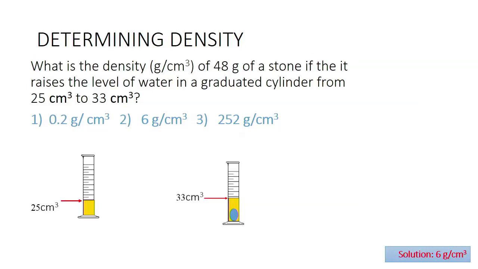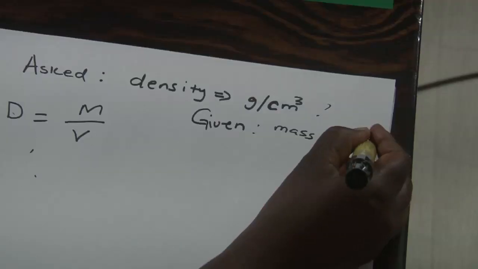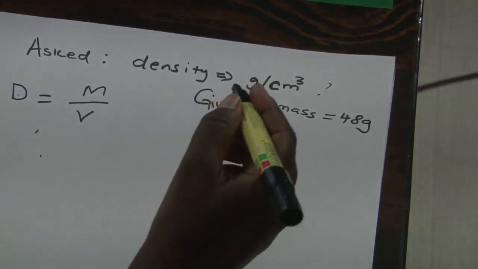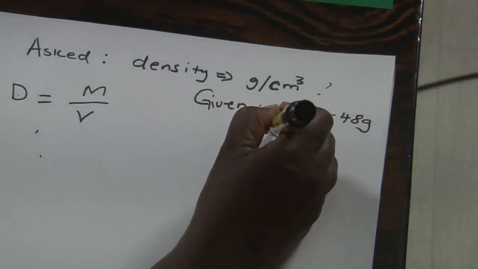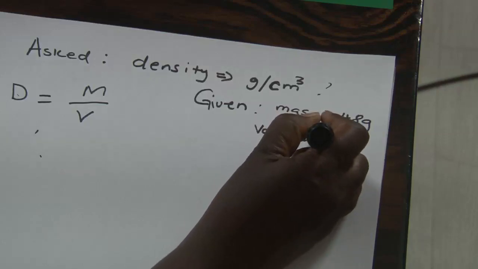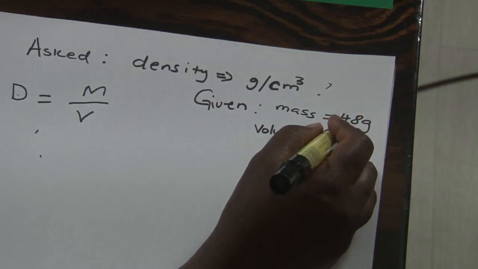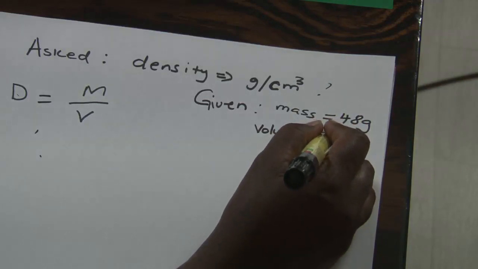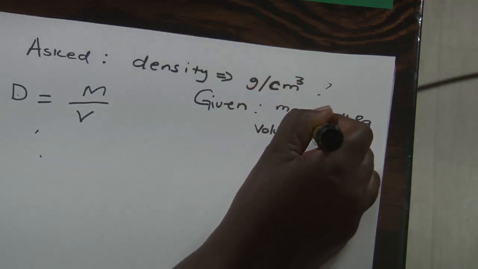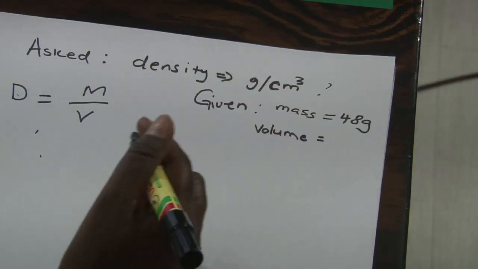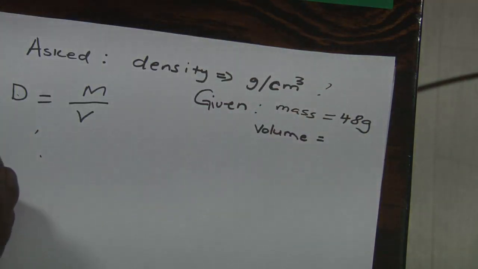Now let's look at what is given. We are given the mass, which is equal to 48 grams. And we are also given the volume. The volume is given in a cylinder. Now we have to work out the volume. So now let's work out the volume.